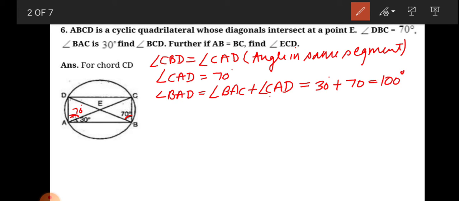Now as ABCD is a cyclic quadrilateral, the sum of opposite angles of a cyclic quadrilateral is 180 degrees. So angle BCD plus angle BAD is equal to 180 degrees, opposite angles of a cyclic quadrilateral.